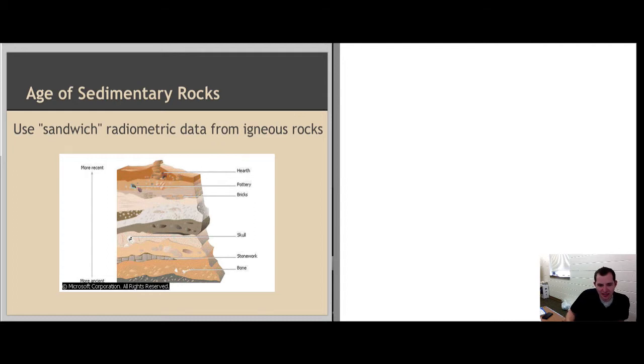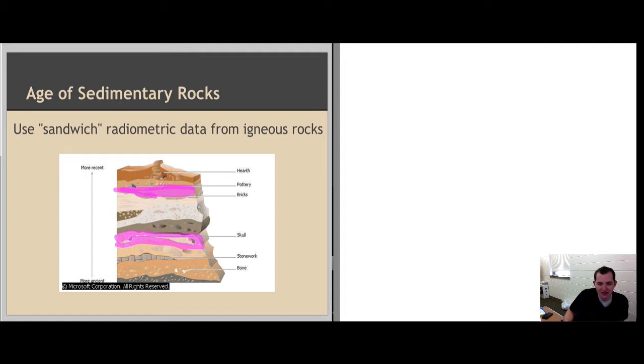And again, what we mean by that, if, for example, we knew the age of this rock because it was igneous and we were able to exactly determine the age of that rock through radiometric dating, and we also knew, say, the age of this rock or this layer of rock because it was igneous, and it probably wouldn't have a skull inside of it.